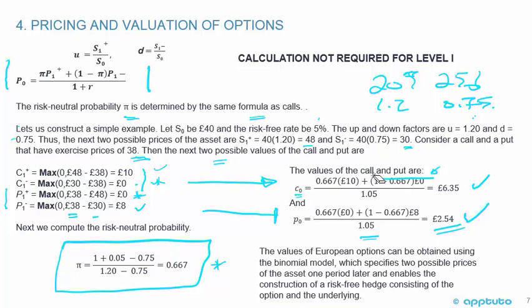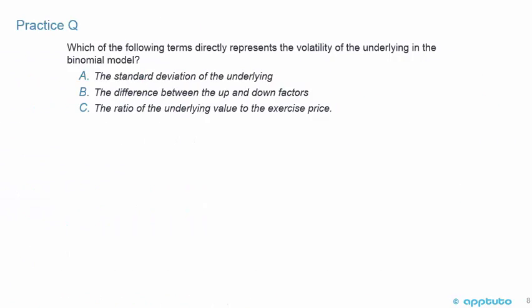And in level 2, you do need to do the calculation. So the more that you can memorize and understand and work your way through, obviously the stronger you're going to be. So now we're just going to work through a series of practice questions to finish the LOS, and you're going to see there's no calculations because the LOS has explained how the value of an option is determined, okay?